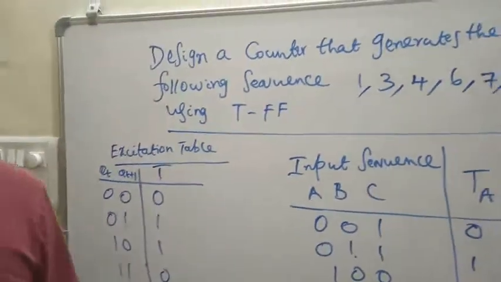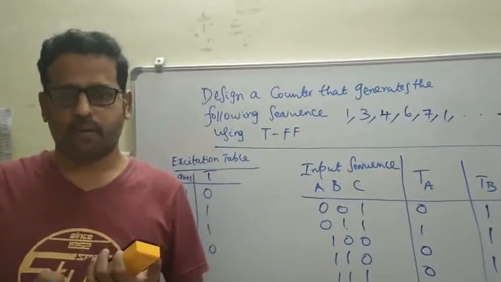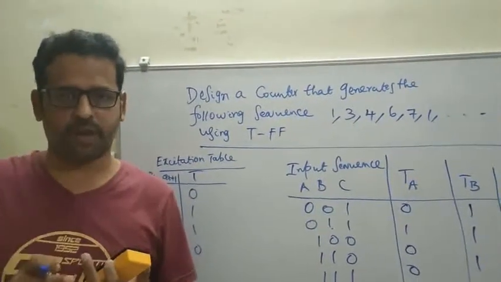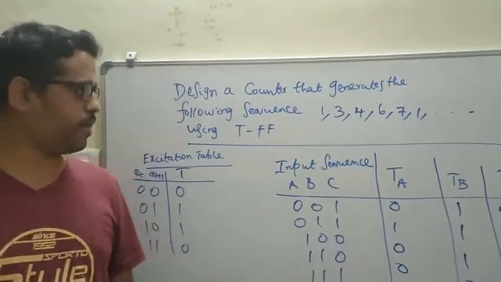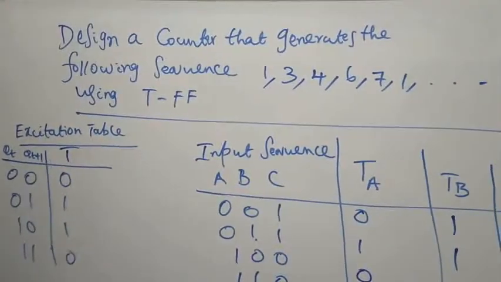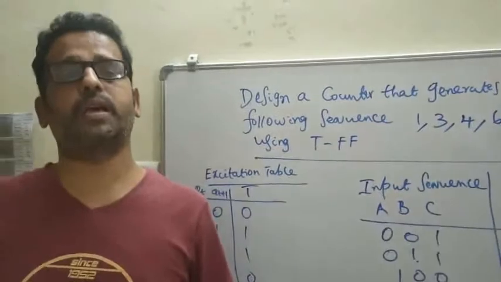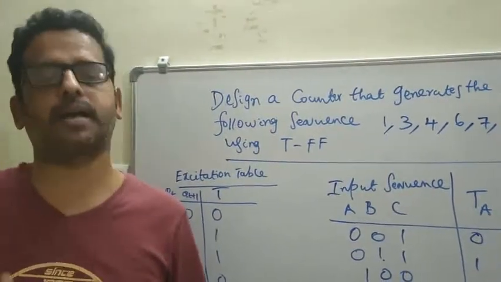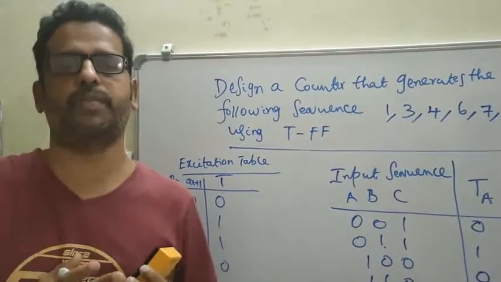Remember, for designing a counter you should know the excitation table of the specific flip-flop you are asked to design with. Here we should know the excitation table of the T flip-flop. Not only the excitation table, we should be thorough with both the excitation table and the characteristic table of a specific flip-flop.